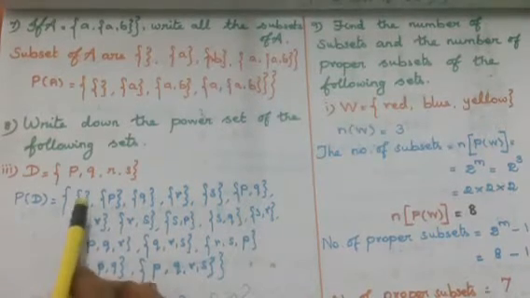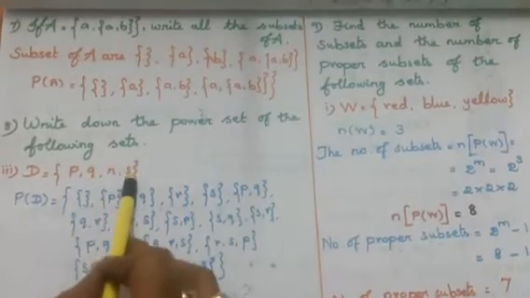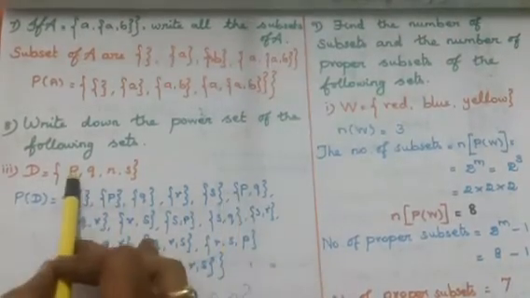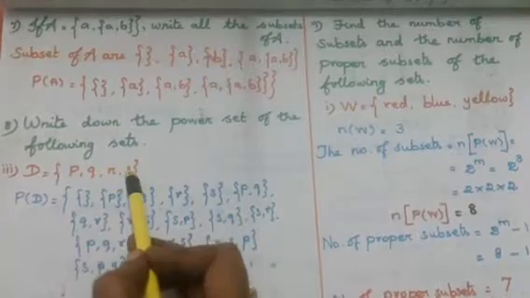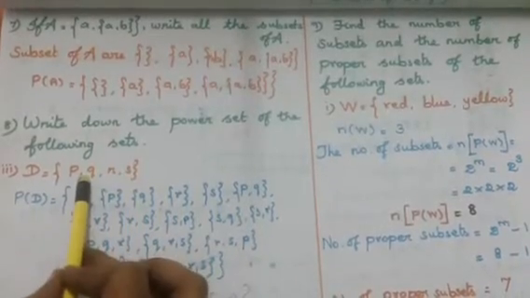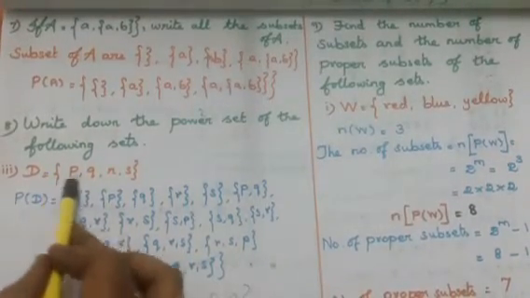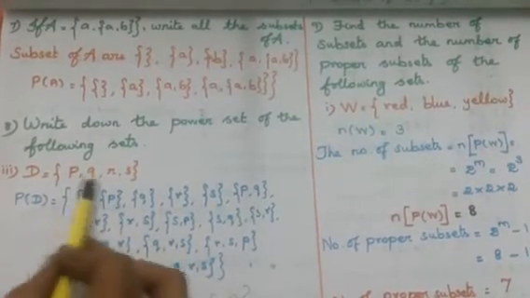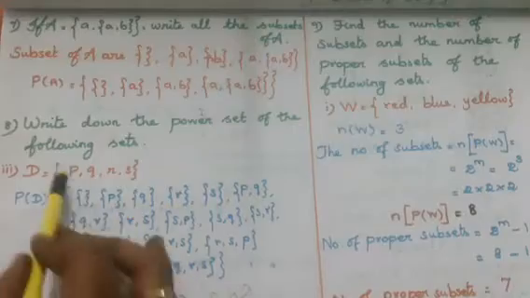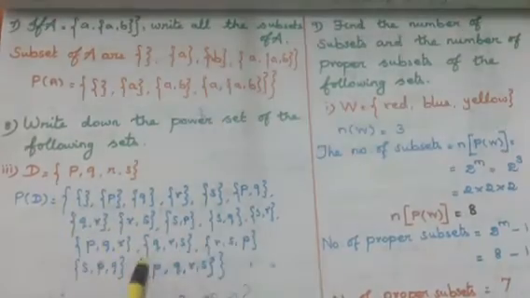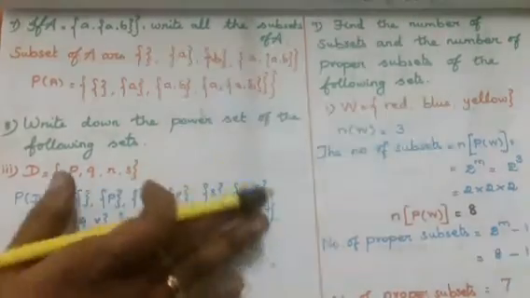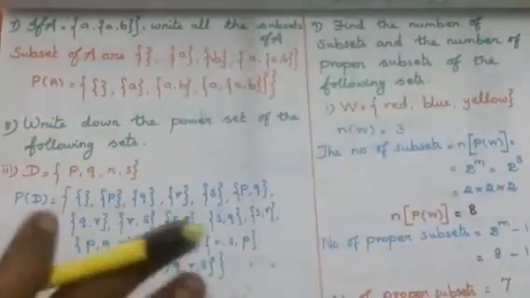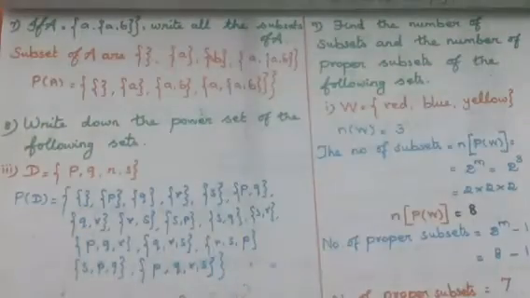So singleton sets P, Q, R, S, next double sets PQ, QR, RS, SP, PS, QS we write. Next triple sets PQR, QRS, RSP, SPQ, just like that. Then we write PQRS also. Okay, now we write the power set. We can write this. Now next sum.